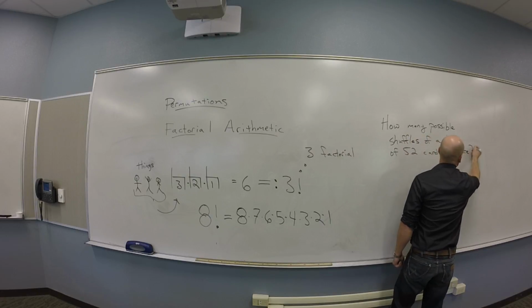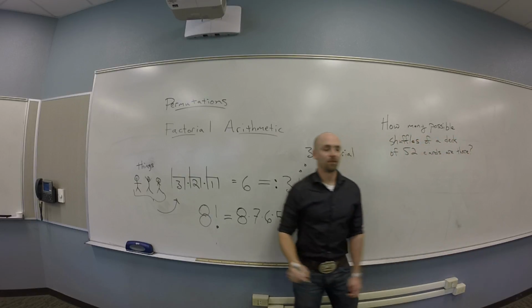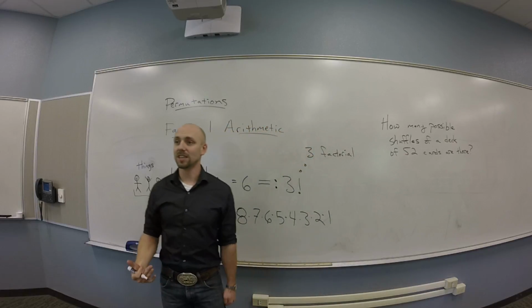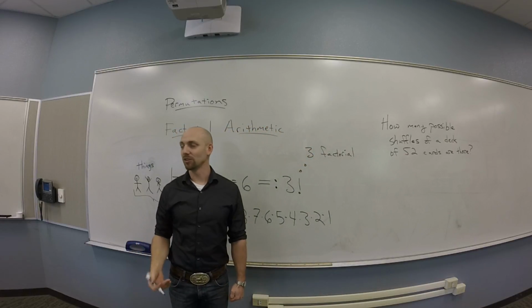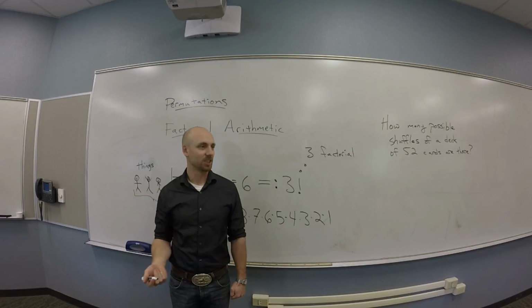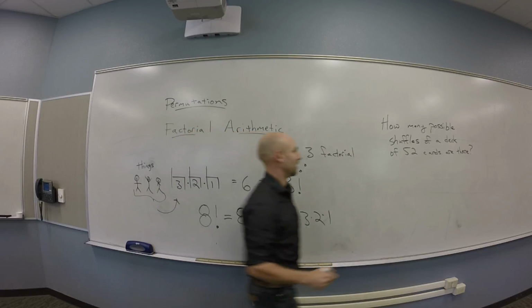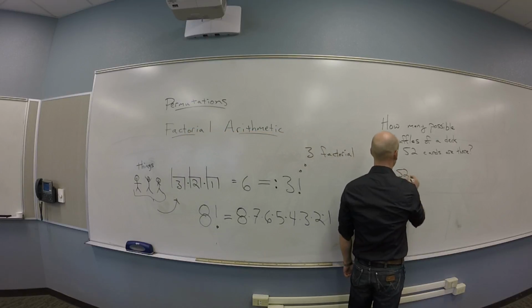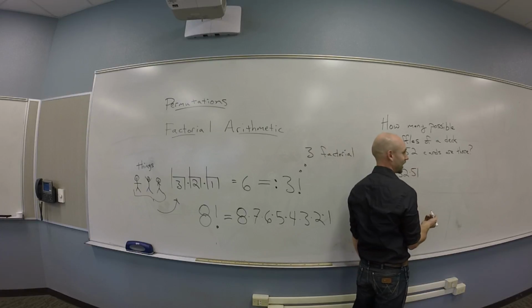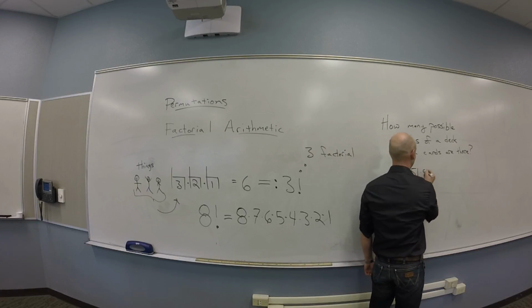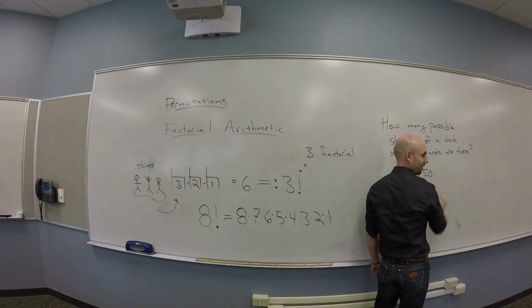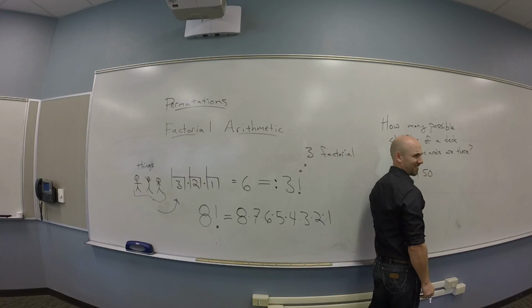A lot. Almost broke my calculator. 52 factorial. You can see that this would be a really annoying question, right, if I just wrote down all the slots and then started writing. Like, I'd say, okay, well, there's 52 options for the top card, and then there's 51 options for the second from the top card, and then there's 50 options for the next. Yuck.